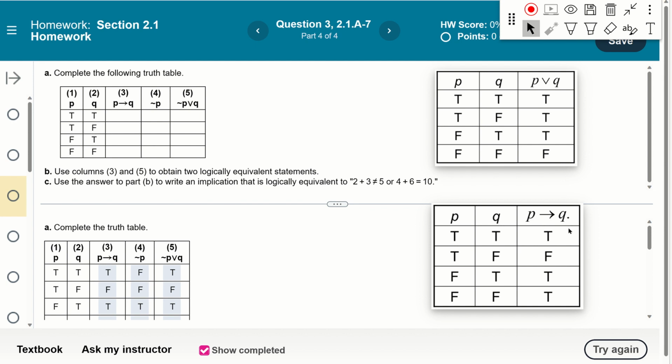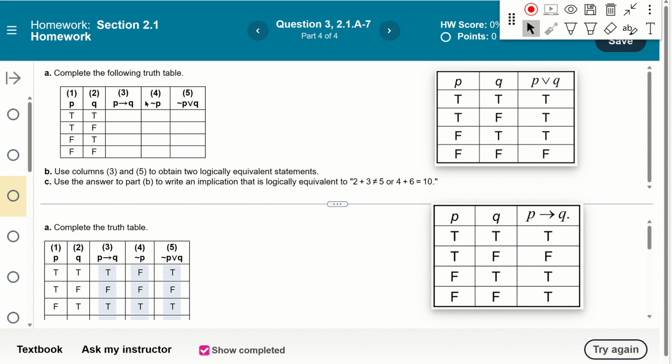And when I first showed you the implication, I told you it looks somewhat like that of a disjunction because it's true in all cases except one, right? So they share that in common. But obviously, these two are not logically equivalent. An implication P implies Q is not logically equivalent to P or Q.